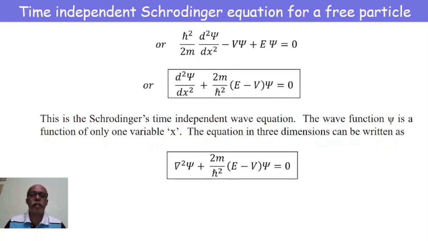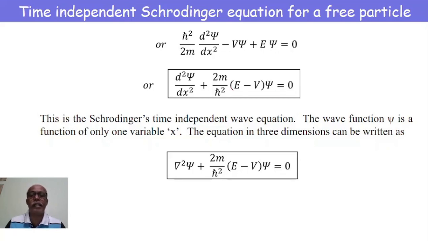Or dividing throughout by h cross square by 2m, where h cross is h by 2 pi, we get d square psi by dx square plus 2m by h cross square into (E minus V) into psi equals 0. This is the time-independent Schrodinger equation in one dimension.